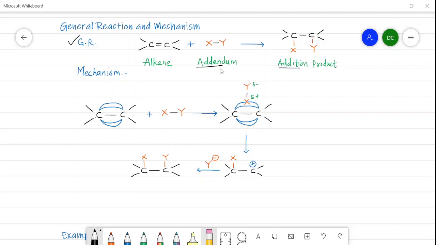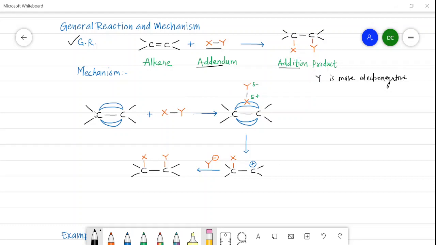Now, what is the addendum? Addendum is the electrophilic reagent which is going to add across the carbon double bond carbon. That's why it is called an addendum. It means which is going to add. Now in this XY, Y is more electronegative.